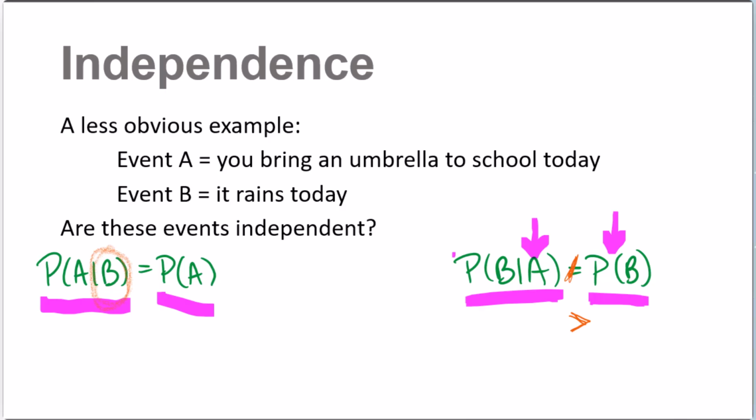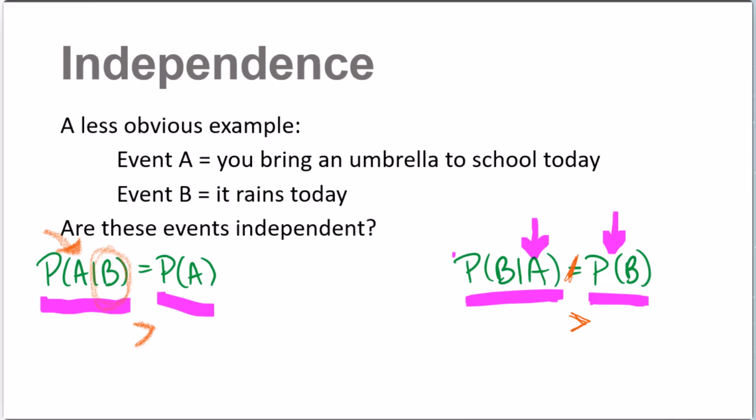So the condition here feels a little bit backwards. But given that this is a day on which it rains, there's a greater chance that that's a day that I brought my umbrella. Now, I can't predict the future. I don't know whether it's going to rain or not on a given day, but there's a higher chance, again, this probability of A given B would be bigger than the probability of A.